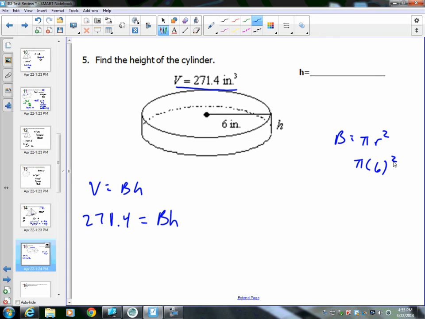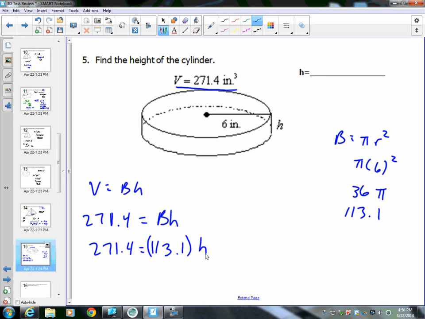So 6 squared is 36. We get 36 pi. I'm going to multiply these together. 36 times pi gives us 113.09, rounded to the tenths, 113.1. Now we can plug that in for big B: 113.1 times the height.